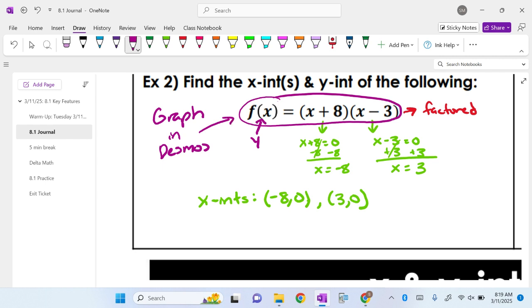So graph this function in Desmos exactly, replacing the f of x with y. So everyone should be graphing it in Desmos. I should see everyone on their laptops graphing in Desmos.